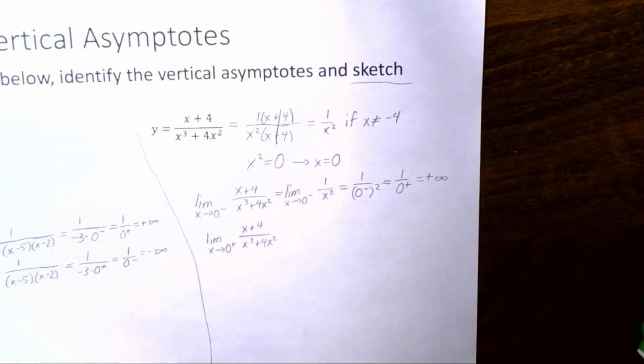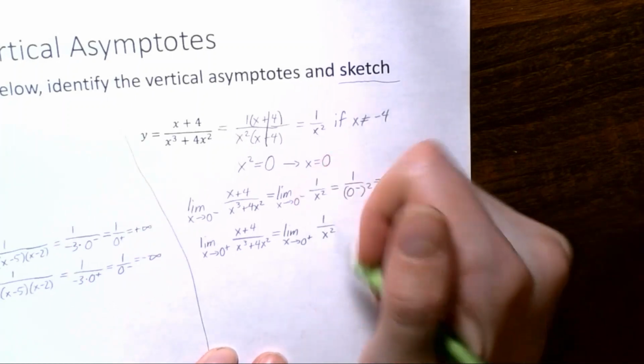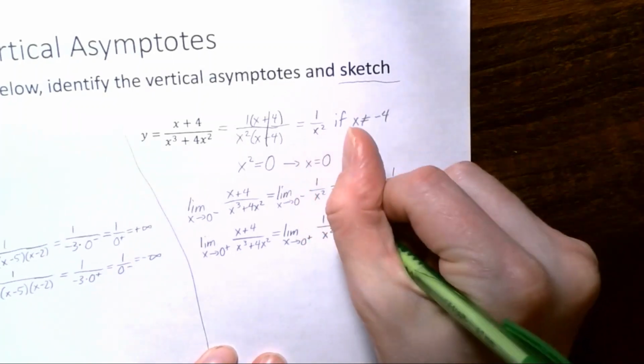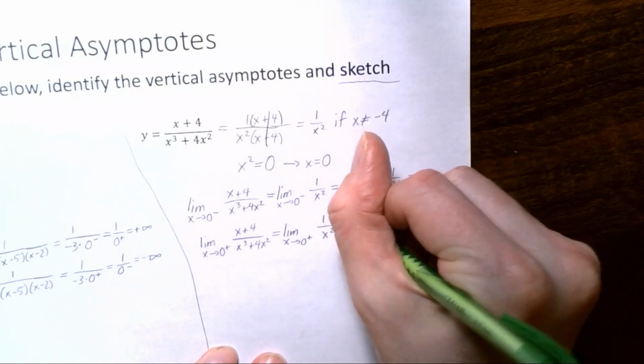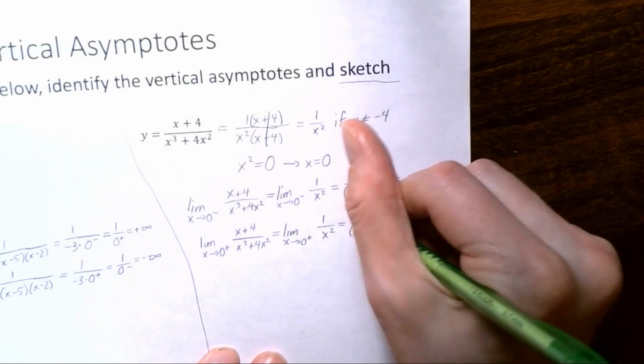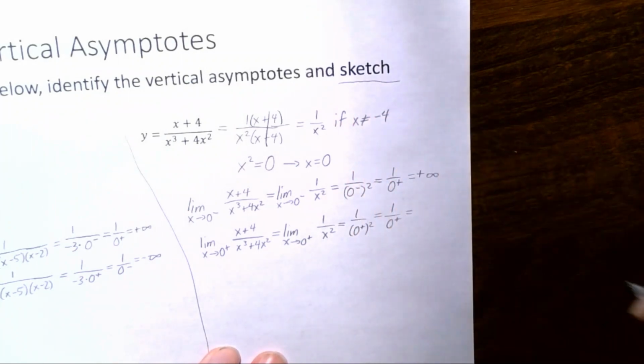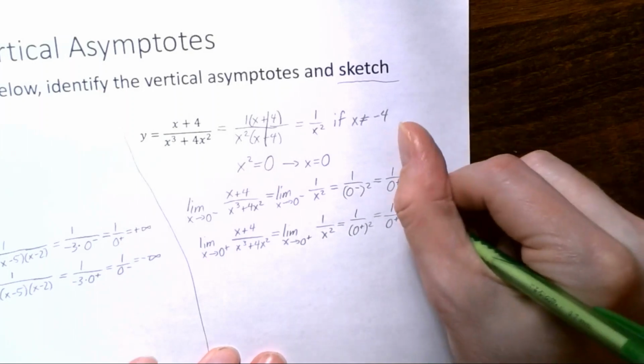A similar thing happens with 0 plus. So again, factor and reduce it. If I plug in 1 over 0 positive squared, well, positive times a positive is still positive. And then 1 over 0 positive is positive infinity.